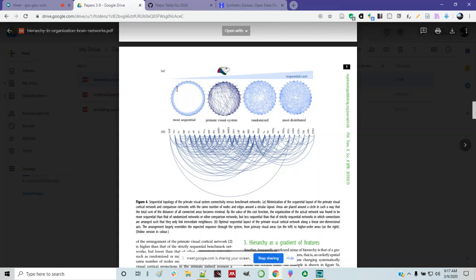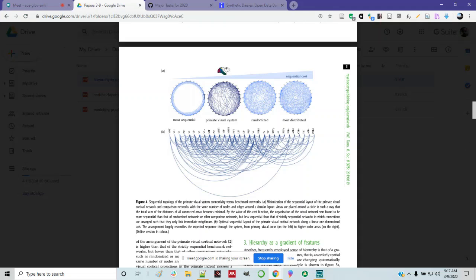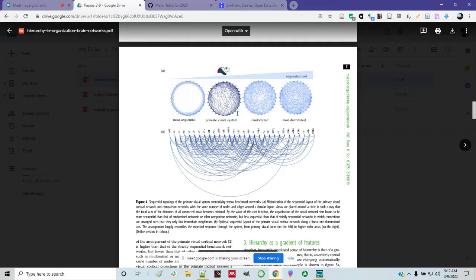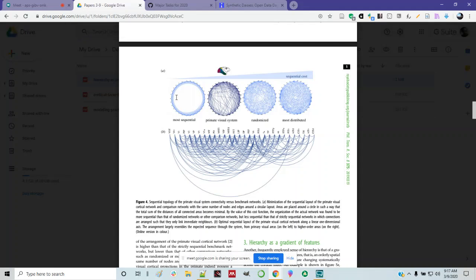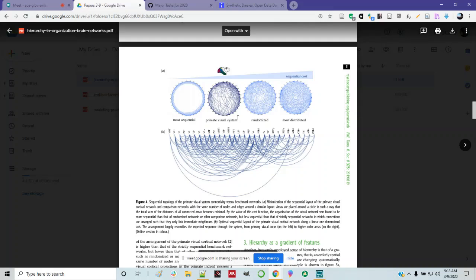If you can see the connections here along the edge, there are all these lines along the edge, but there's nothing crossing the circle. So this might be where you order your nodes by some criterion, and every neighboring node in this arrangement is connected, but no one else is connected. And so they're all connected, but indirectly. The primate visual system doesn't resemble that one.